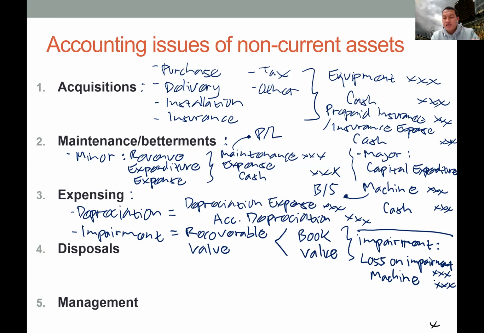Okay, that's the journal entry for impairment. This is a routine test. Every year the company has to test for impairment for all the non-current assets. If they find that the recoverable value is lower than the book value, then they need to record this journal entry for impairment.